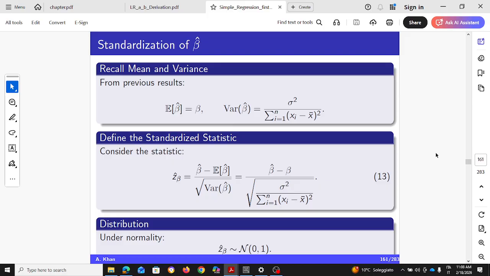Now we need to standardize it. Why do we need to standardize it? Because we need to have a solid foundation. What that means is, if we standardize it, we have a normal distribution, and for each standardization we have known equations.